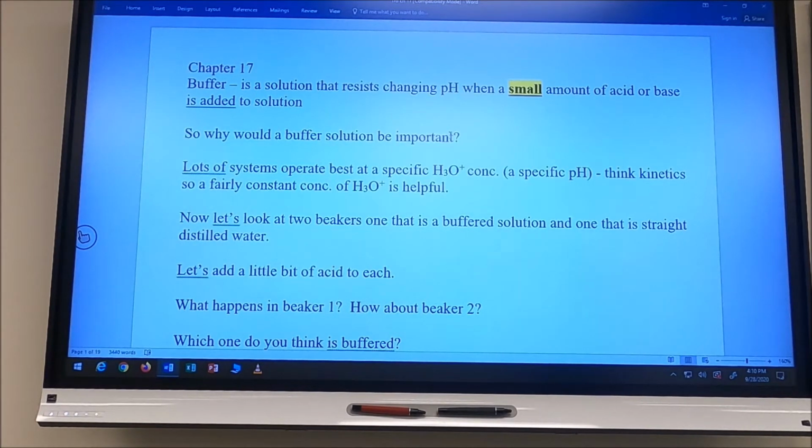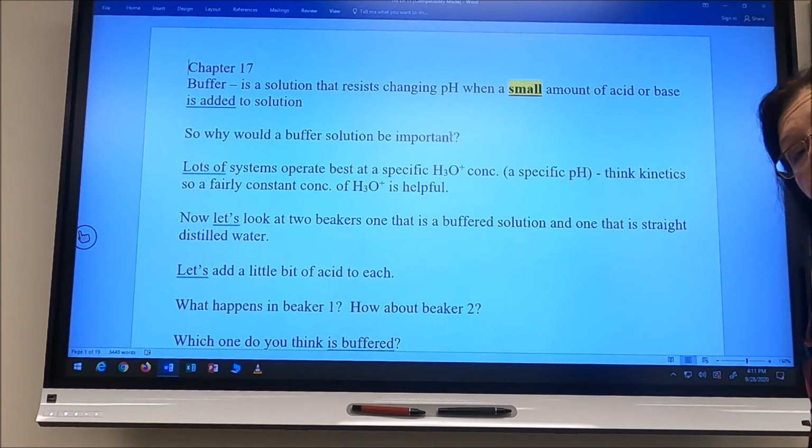Now, this is important for systems that operate under a specific pH concentration. Your blood is buffered, okay? Your blood wants to maintain a pH somewhere between 7.25 and 7.45. If your blood pH gets out of that range, your body starts to do funky things, okay?